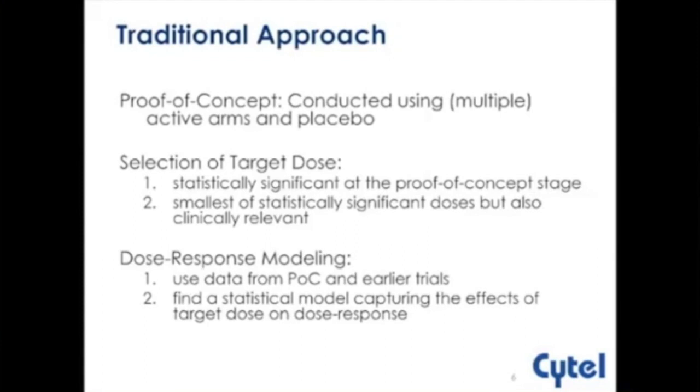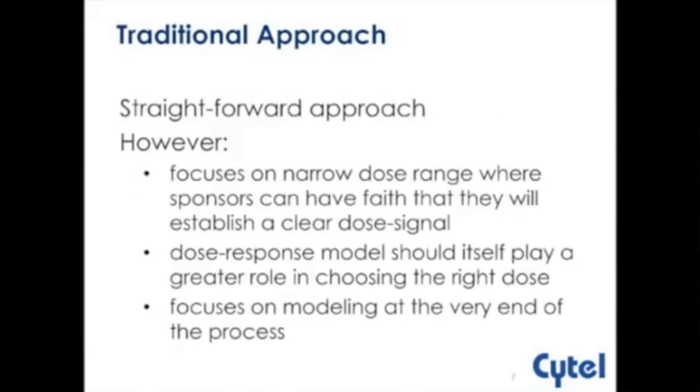It has some drawbacks, however, and mostly the drawbacks have to do with the fact that this method tends to concentrate the range of doses studied to a narrow range where the sponsors can have faith that it will establish a clear dose signal. It is also clear that the dose response model should itself play a greater role in choosing the right dose.